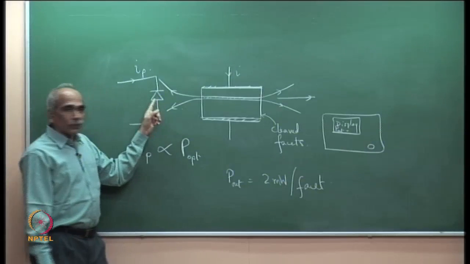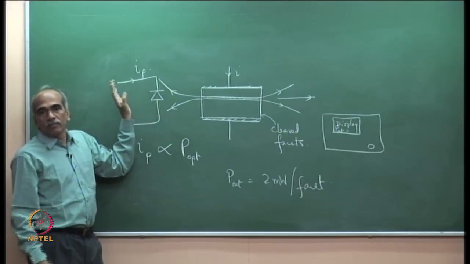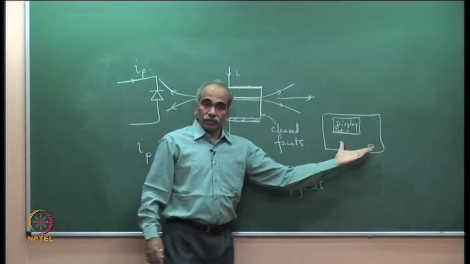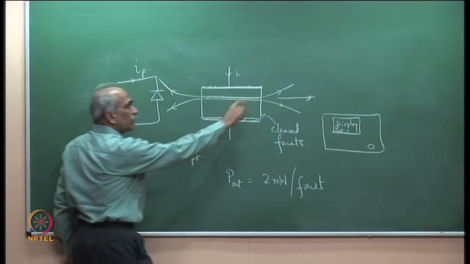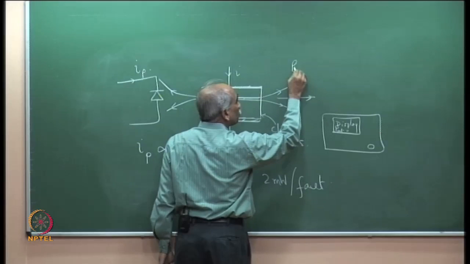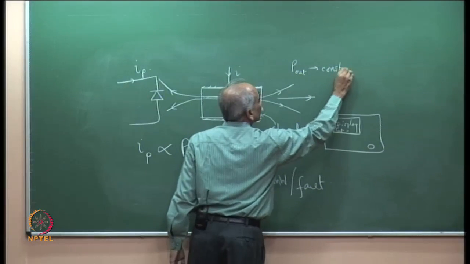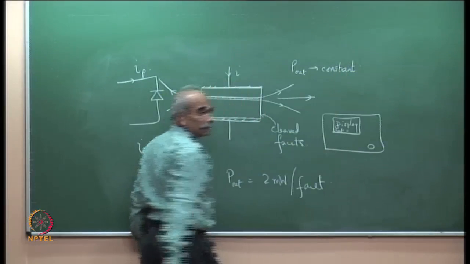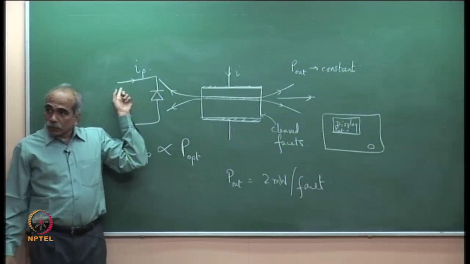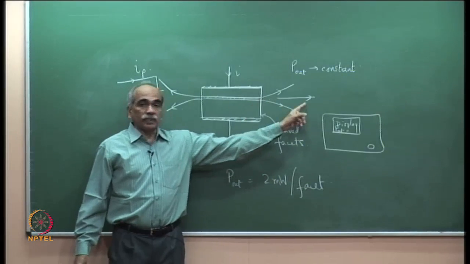So, monitor photodiode and the monitor current is a very important measure for the device. Why? Many applications require that the output power P out should remain constant. If you monitor the photocurrent here, you can find out what is the power which is coming.